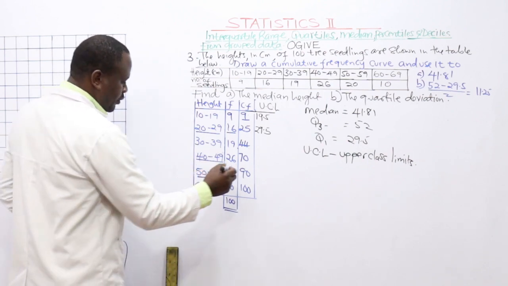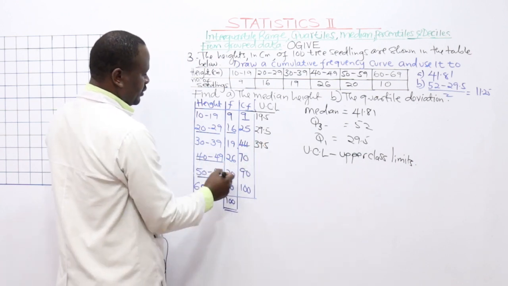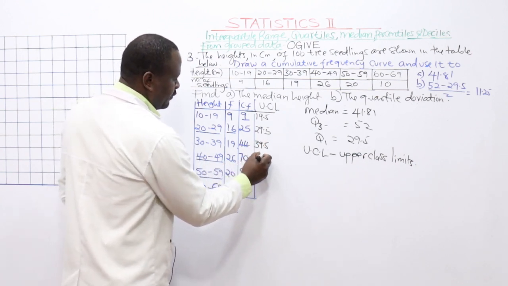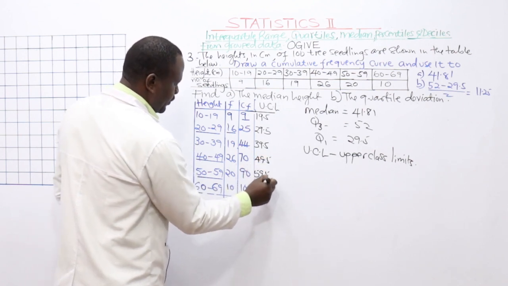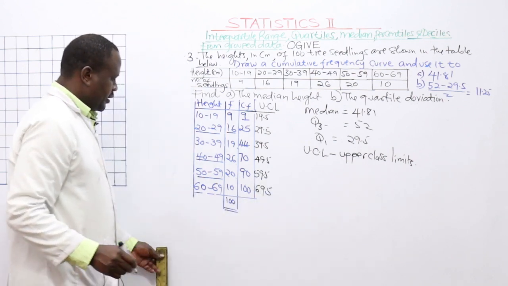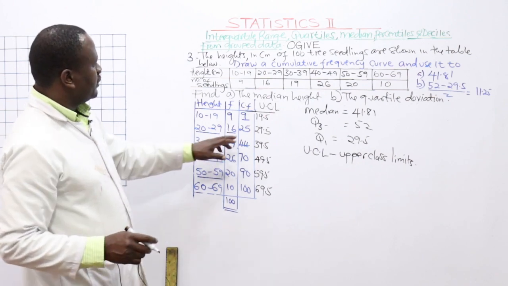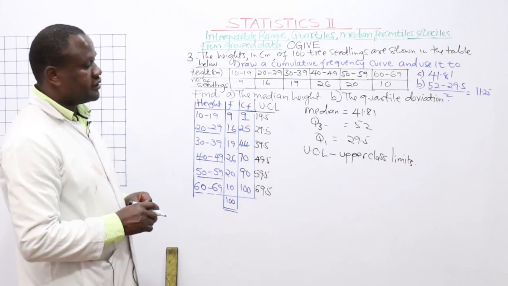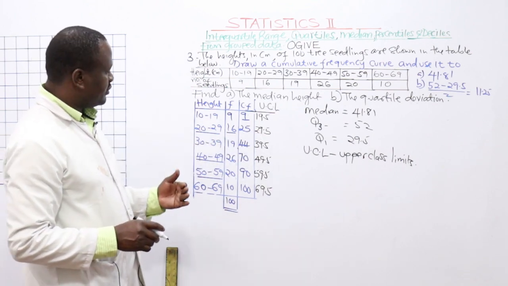Here it is 39.5, here it will be 49.5, 59.5, 69.5. Then we start plotting the cumulative frequencies against the upper class limits.